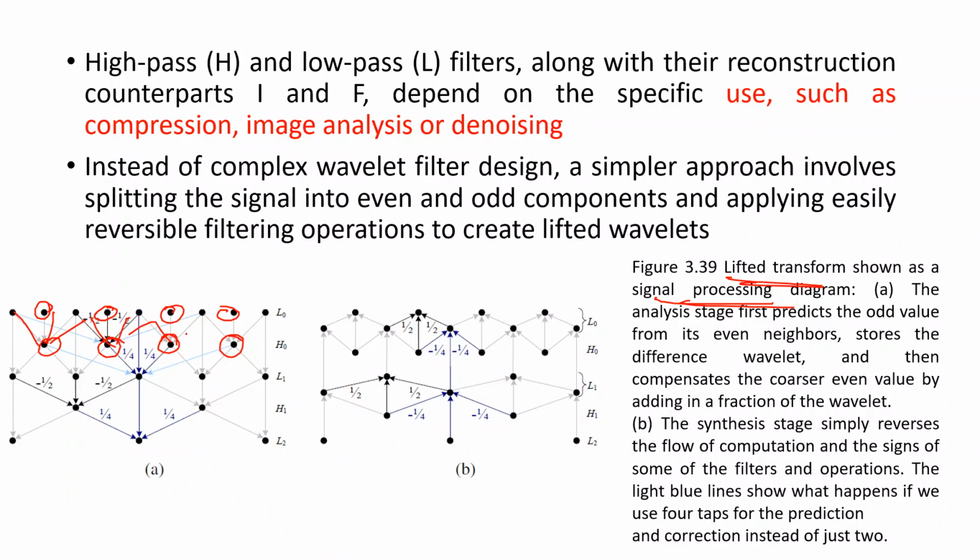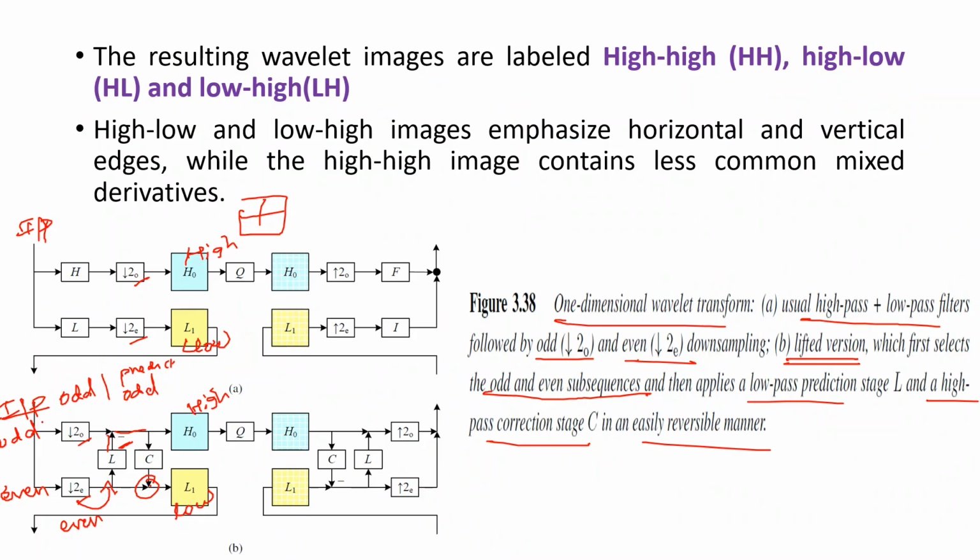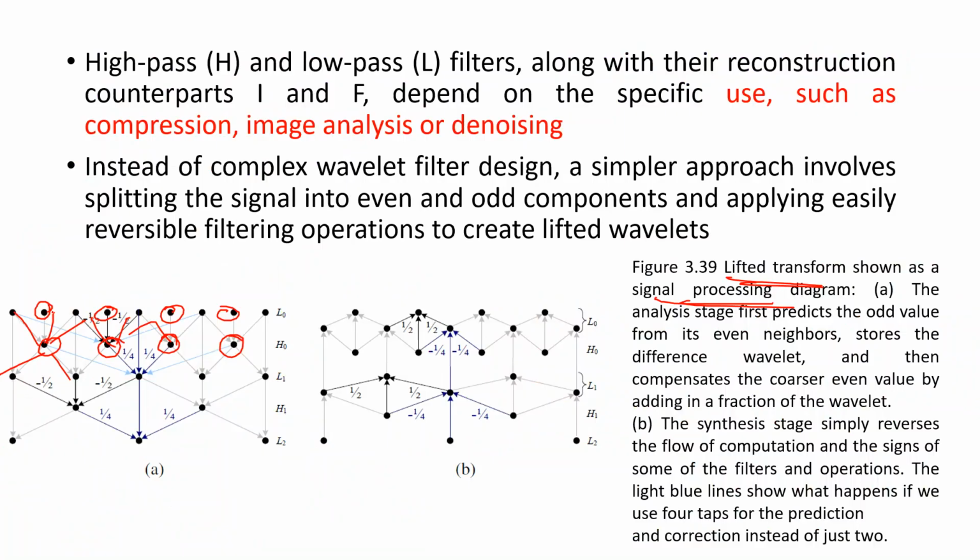Initially we will divide the data into even samples, and then using the even samples we will predict the odd ones. In this diagram, the input is divided into even and odd. The even is given as an input to the L, and this L is used to predict the odd. So first the even is determined, and using the even we are going to predict the odd values.